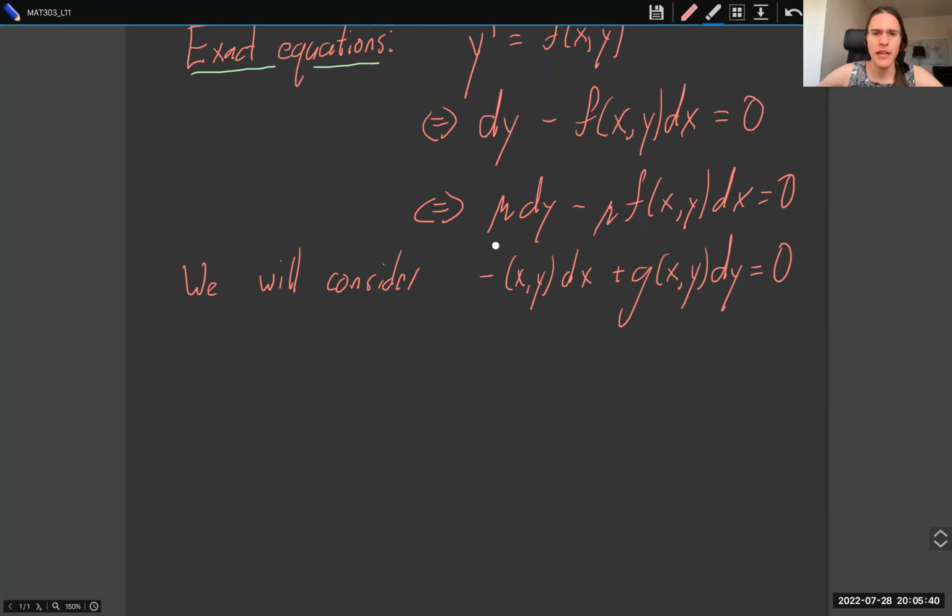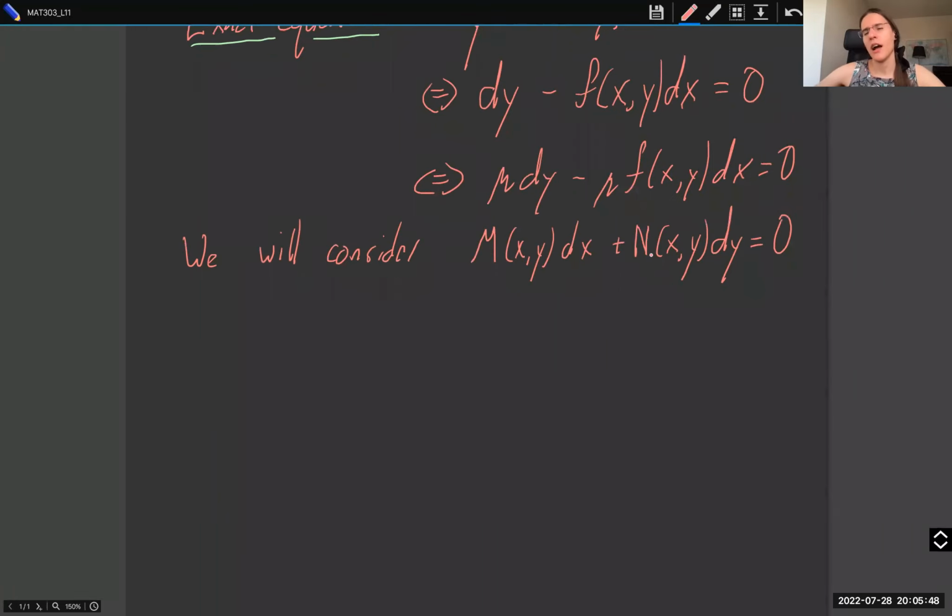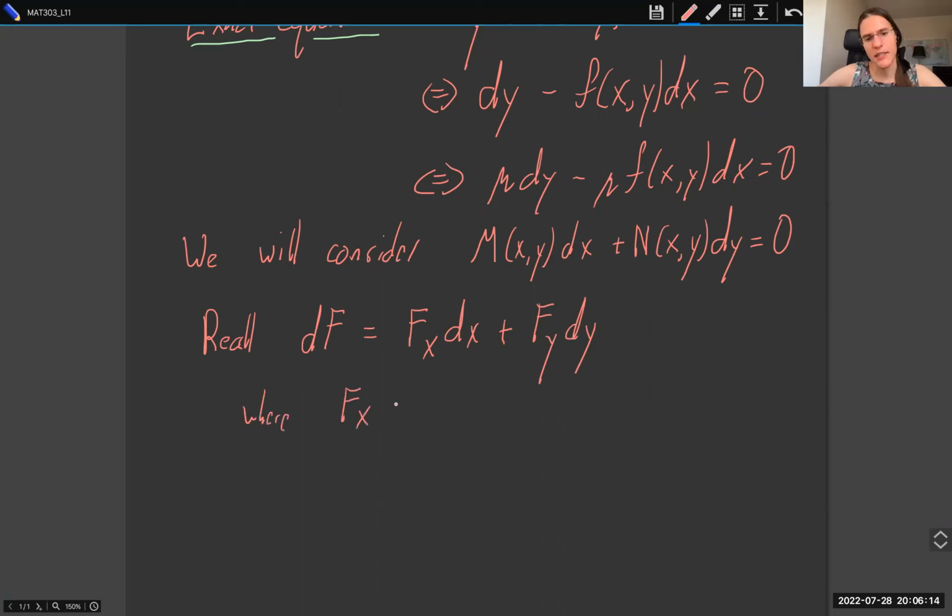I think the traditional thing is to refer to these as m and n. Now, if we recall, the total derivative of a function is defined to be the partial derivative f sub x dx plus f sub y dy, where fx is the partial derivative of f with respect to x.